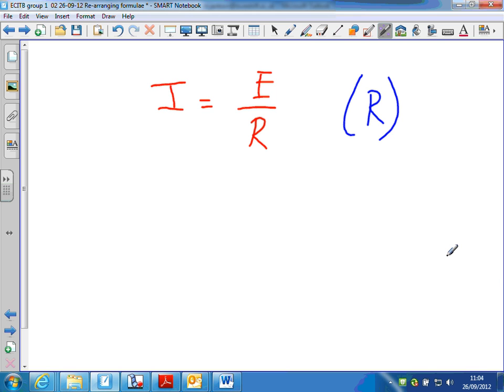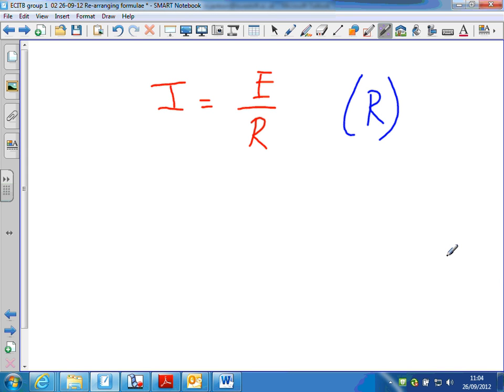And what I do is I multiply. If I multiply the right-hand side by R, I'm getting rid of the R on the right-hand side, but if I multiply the right-hand side by R, I must also multiply the left-hand side by R, and then it'll be on top.